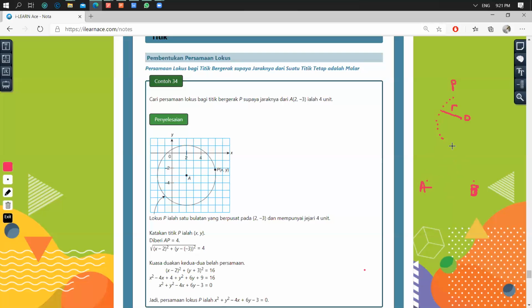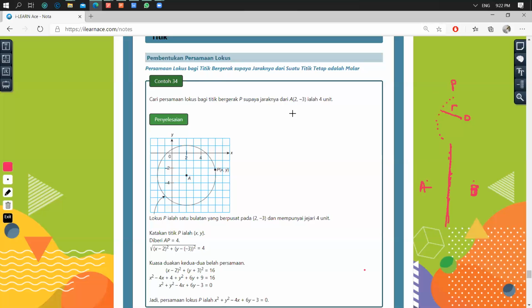So this type of loci is actually a perpendicular bisector. So these are the 2 common loci you're going to see in this topic.